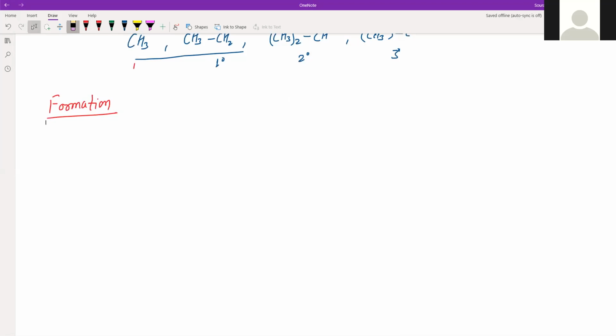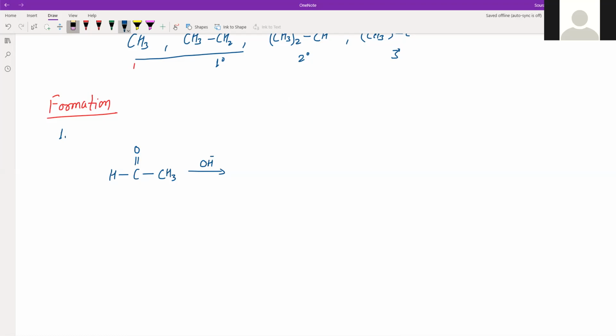The first one is removal of alpha hydrogen of aldehydes or ketones by base. So let me write the reaction first so that you can understand. So suppose let us take an aldehyde. So this is an aldehyde. When it is attacked by a base having OH negative, right? So that is the base.